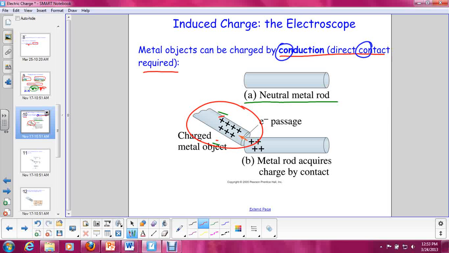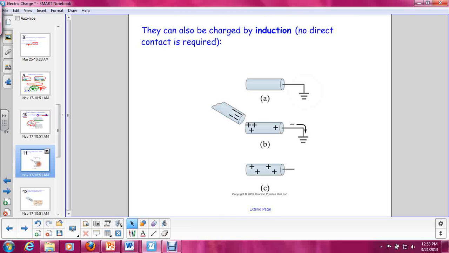Not all of the charge gets transferred. It will even out. So if I start with 10 extra positives over here, after I touch the two and pull them apart, each of them will have 5. So that's conduction.